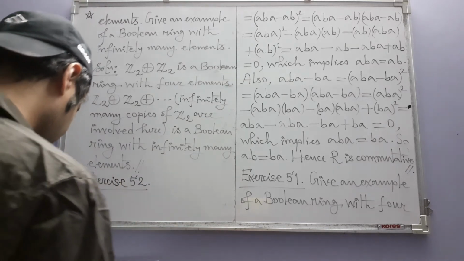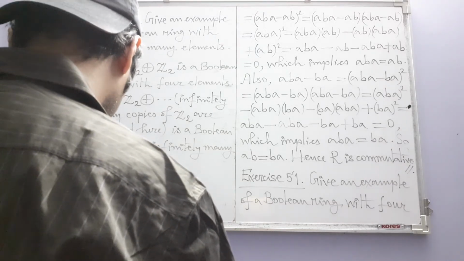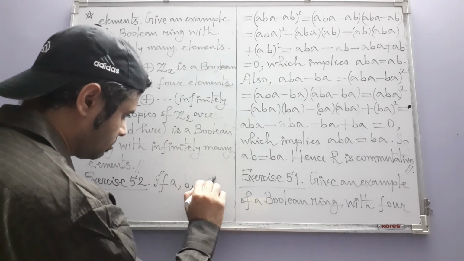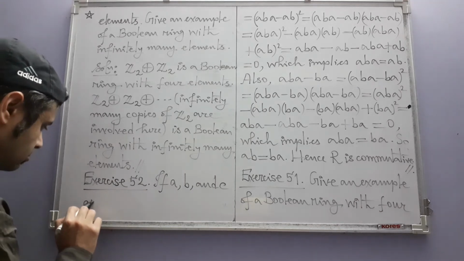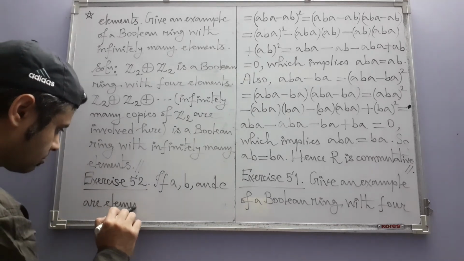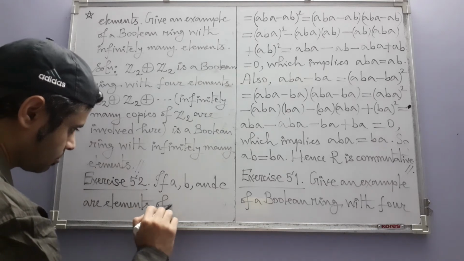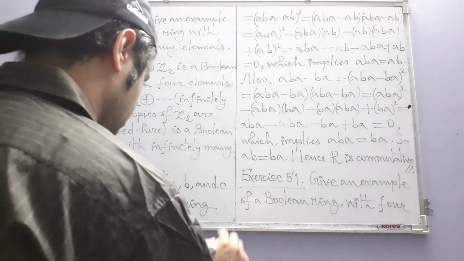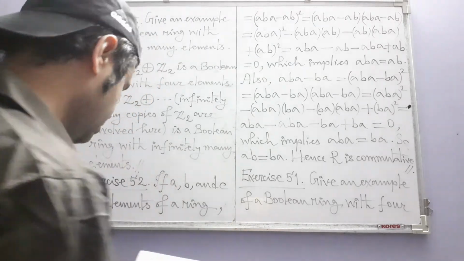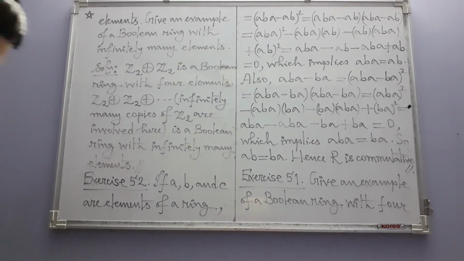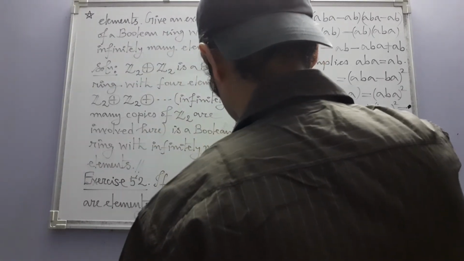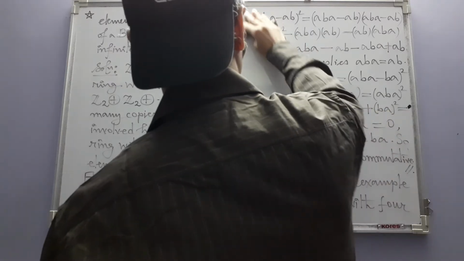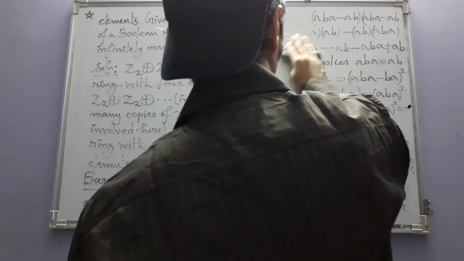If A, B and C are elements of a ring, does the equation always have a solution x? A linear equation involving A, B and C.